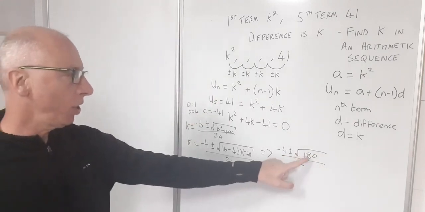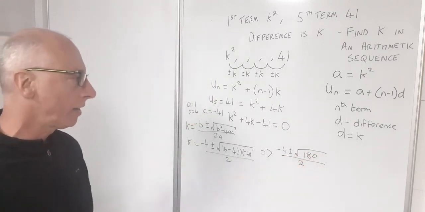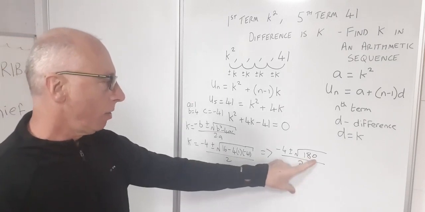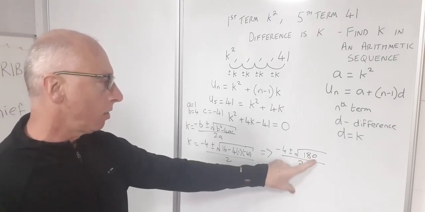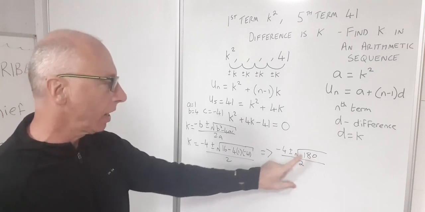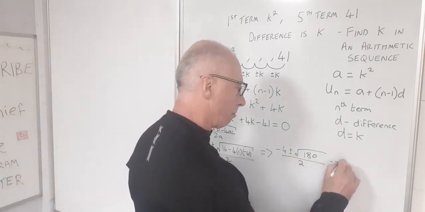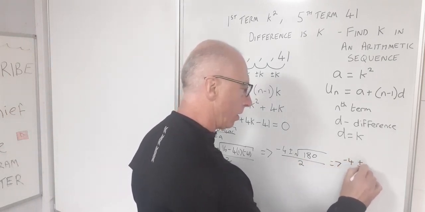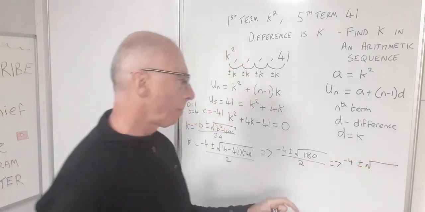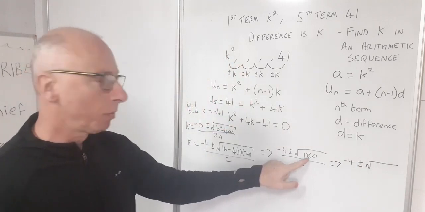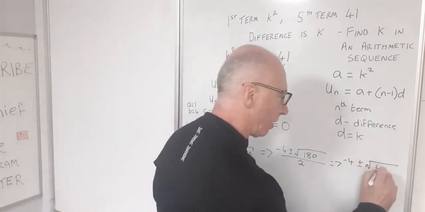Okay, so we've got a surd here. So let's break this one down a little bit. So I can break that down into, take 2 out of it. So I take a 4 out of the inside, give me a 2 to put outside. So now I've got minus 4 plus or minus square root. Right, 180 becomes 45 if I take 4 out of it.